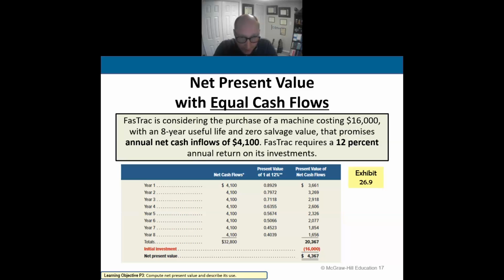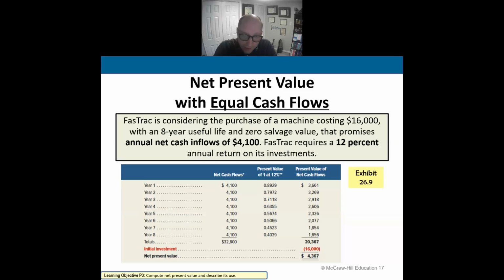We take the net cash flow, multiply that by the present value of $1 at 12% per year to equal the present value of the net cash flow. Now we run that out for 8 years, and we can see that at the end of 8 years, we take the total minus the initial investment, which gives me the net present value.